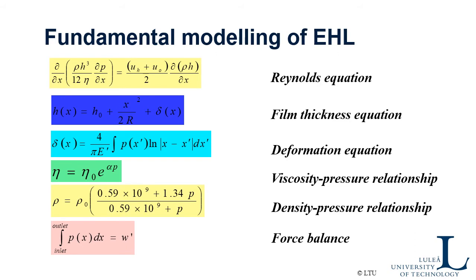It's a problem where you solve the Reynolds equation. In the Reynolds equation you see here that you have something called H, which is the film thickness distribution, and the film thickness is given by this expression. You see here this is describing the cylindrical shape of the contact, and this is the deformation of the surfaces, because we have an elastohydrodynamic contact here.